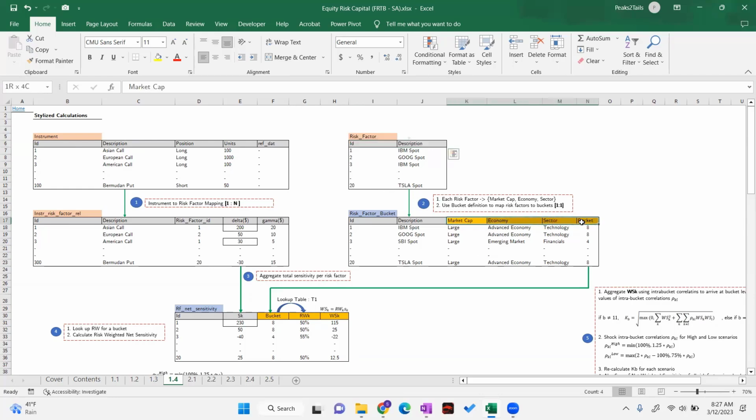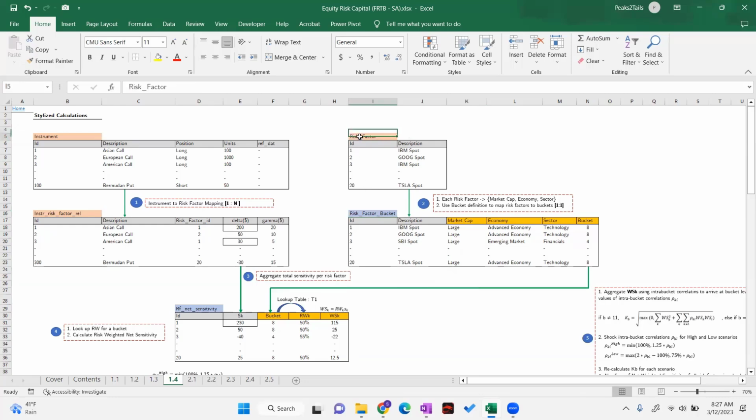I put this in yellow because if you're freshly implementing FRTB, these are the set of new calculations that you probably need to do. Because this comes from the paper, it's not internal to the bank. It may be there, it may not be there, but these are the new things that you need to take care of. So every risk factor, right? We're talking about equity. This is all the equity delta risk charge framework. Okay.